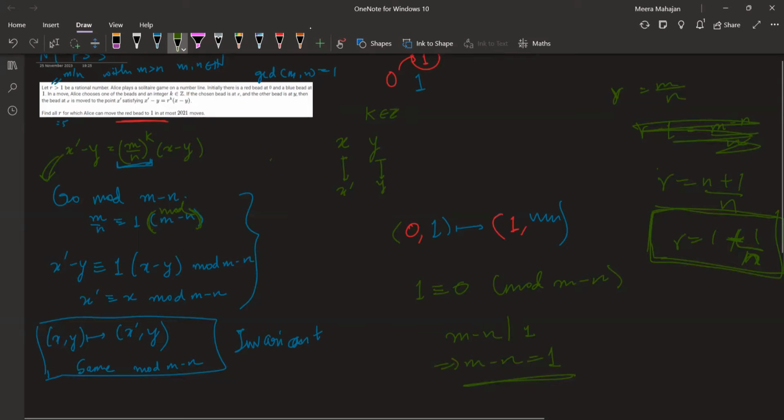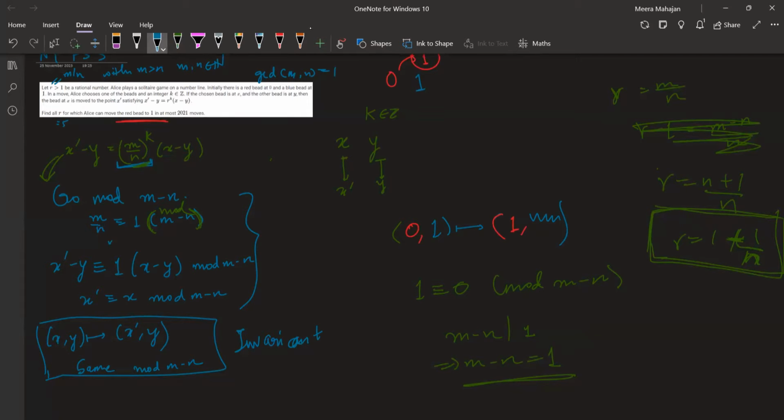So we had this weird looking expression at the start, and we don't have much control over k, and hence we have to somehow relate x and x prime in terms of a fixed quantity, which is m and n. So we think about invariants, and we want to somehow get rid of this term. If you go mod m minus n, then note m over n is always 1 mod m minus n.